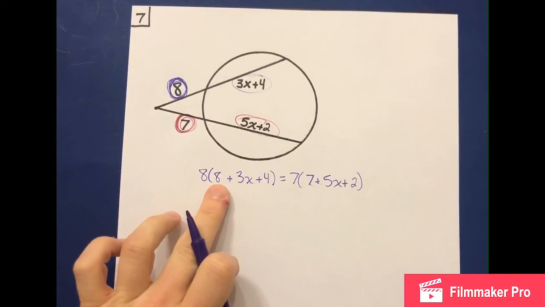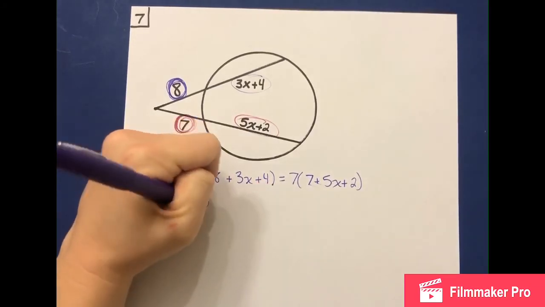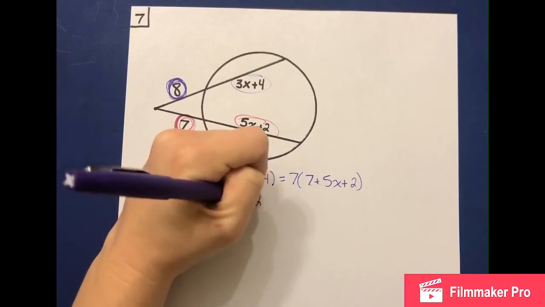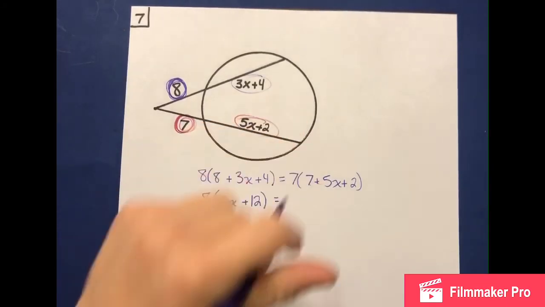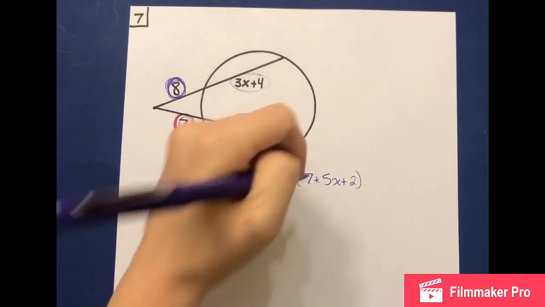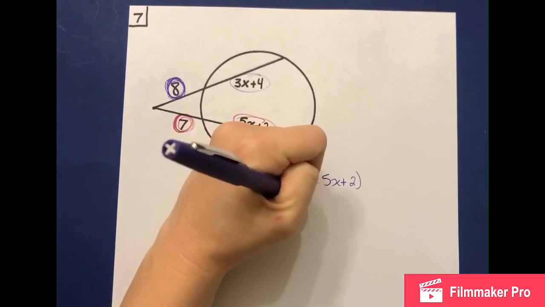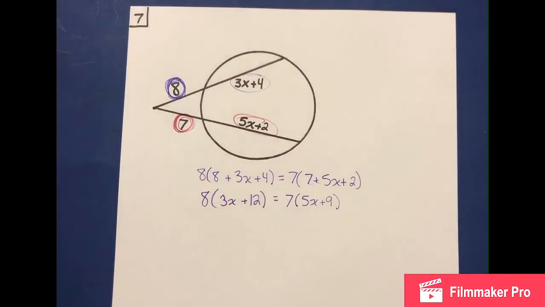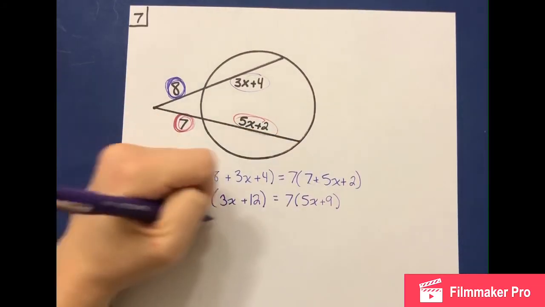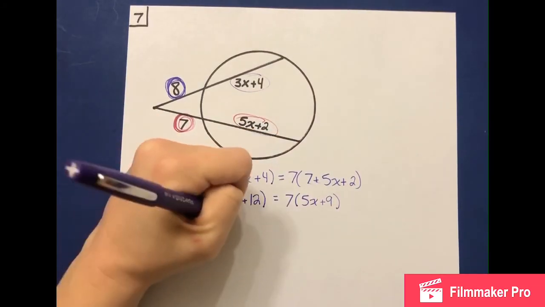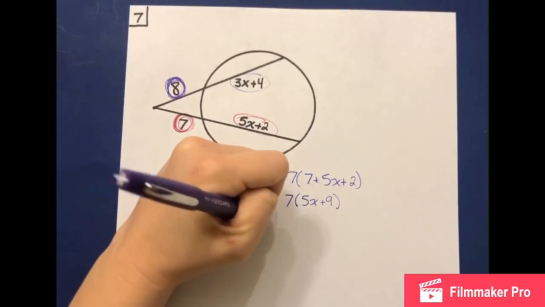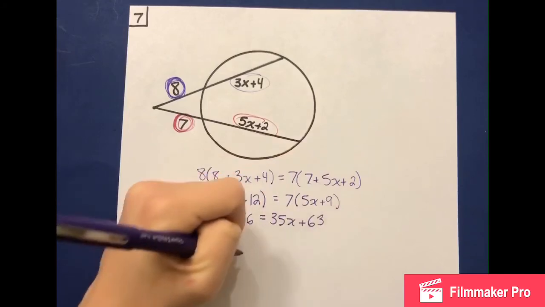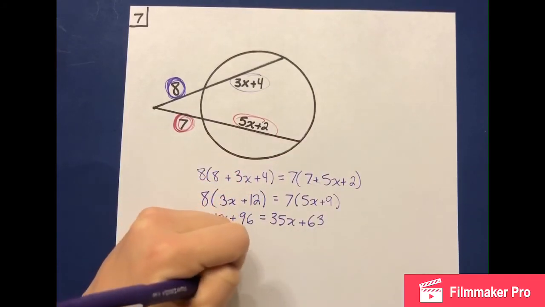Inside, I'm going to add my 8 and my 4. So I get 3x plus 12 equals, inside here, I'm adding my 7 and my 2. So I get 7 times 5x plus 9. I'm going to distribute on both sides. I have 24x plus 96 equals 35x plus 63. Solve it out, you get x equals 3.